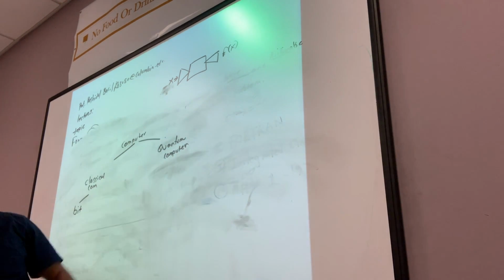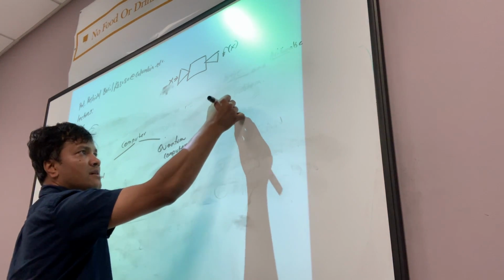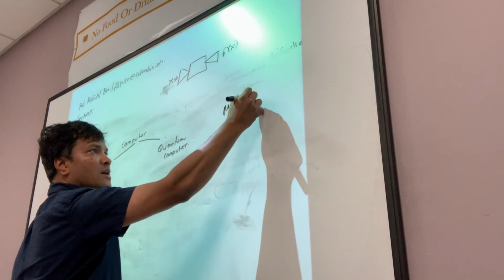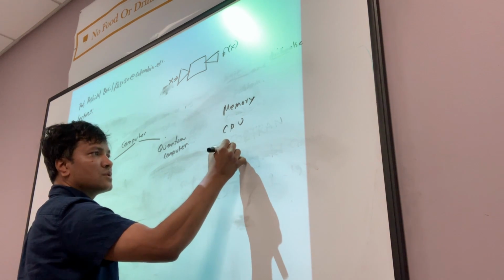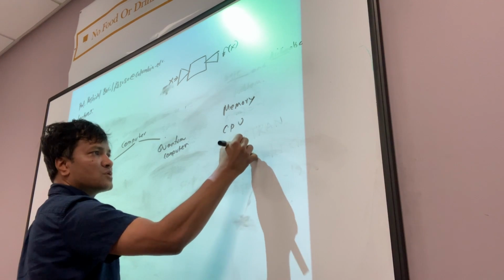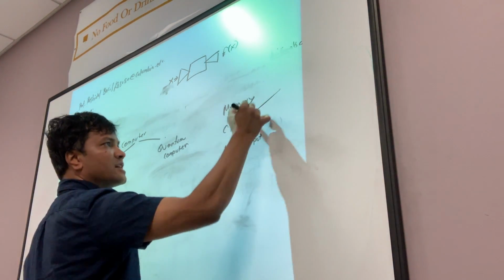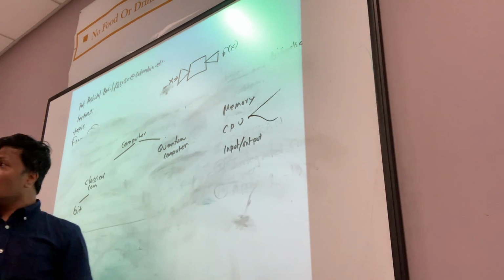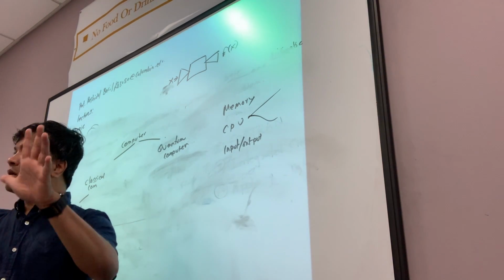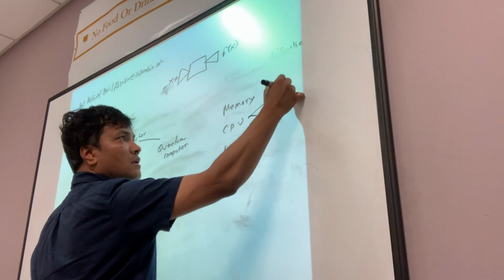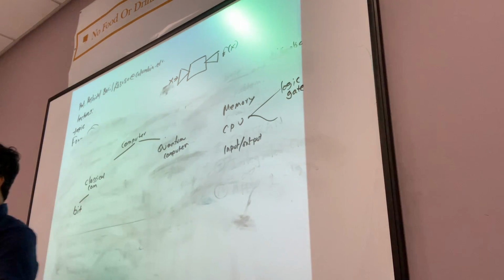So when we talk about the computer, what happens inside? You have the memory, you have the CPU, and you have what? Input, output. Input, output devices. When we talk about the CPU, we actually talk about two things. Logic gate, and what else?